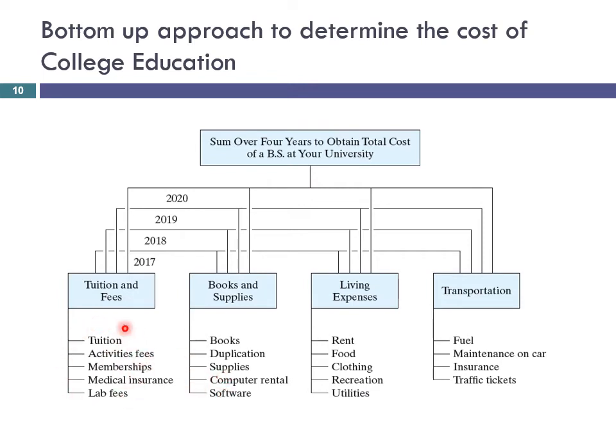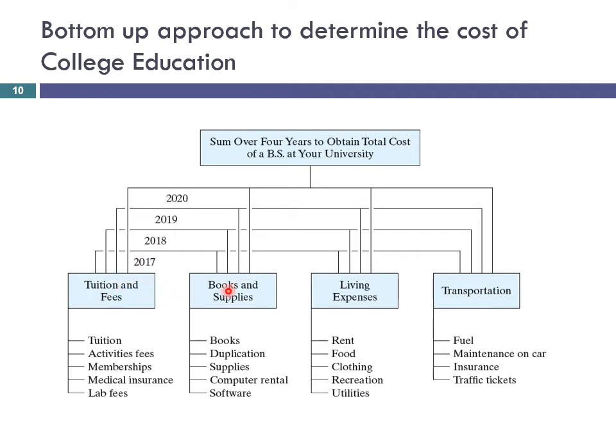And then we will try to obtain the costs associated with each one of these subcategories. And then we add up all these to obtain the cost for tuition and fees in year 2017. And then we will do this for 2018 and 19 and 20. Similarly, we will obtain each one of these costs and add them up to obtain the general books and supplies cost for each one of these years. And for the living expenses and transportation expenses, we will do the same thing.